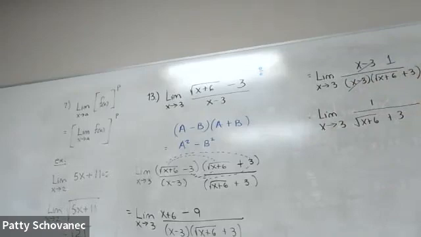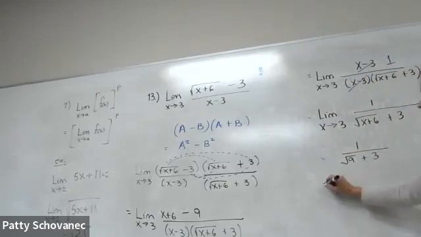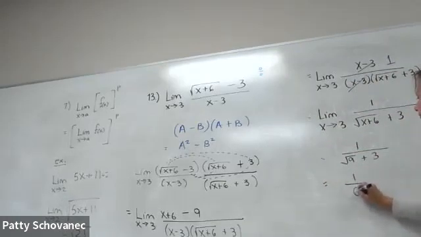I got a 1 on top. On the bottom, we're putting 3 where the x is. So 3 plus 6 gives me a 9 under the square root sign. Square root of 9 is 3. 3 plus 3 is 6. My limit is 1/6.